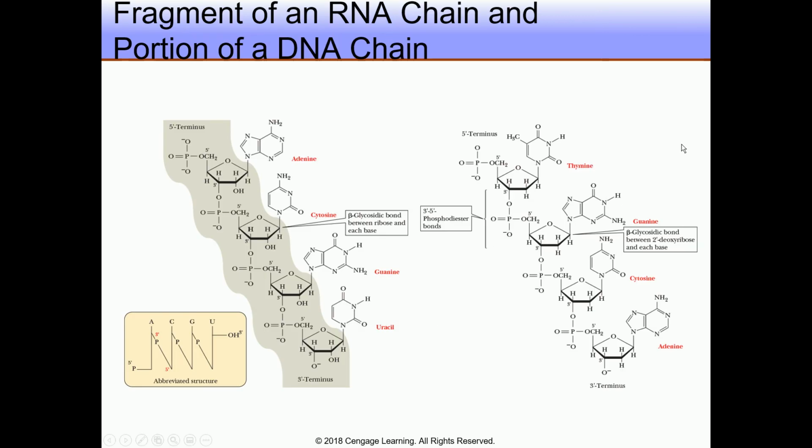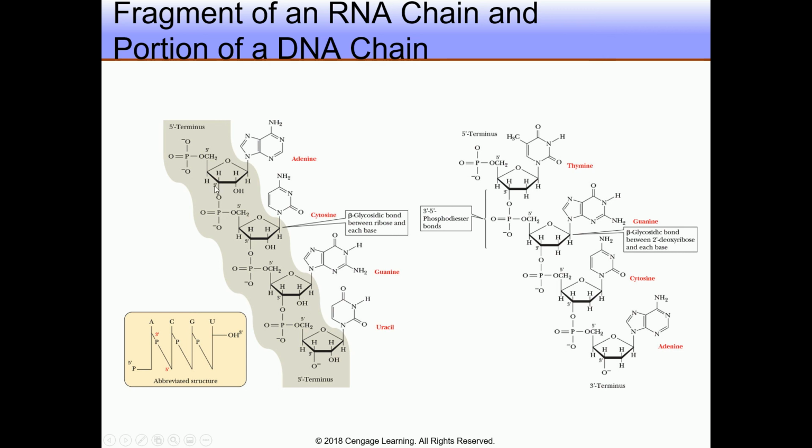So there is an OH group here, and in the second nucleotide there is a phosphate group here, which is attached to the carbon number 5 of the second nucleotide. So on carbon number 3 of this nucleotide is the OH group, and on carbon number 5 is attached the phosphate group.